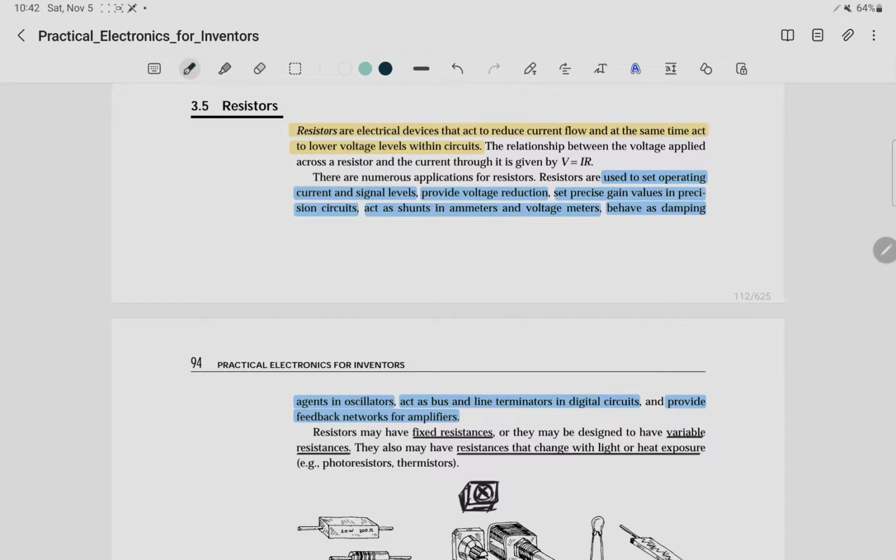So I'm Joseph Oklang, I'm a biomedical engineering student, and I'm going to be taking you through all you need to know about resistors today.